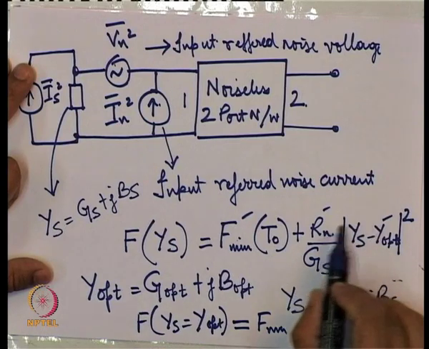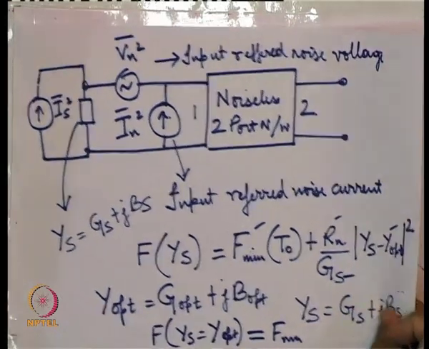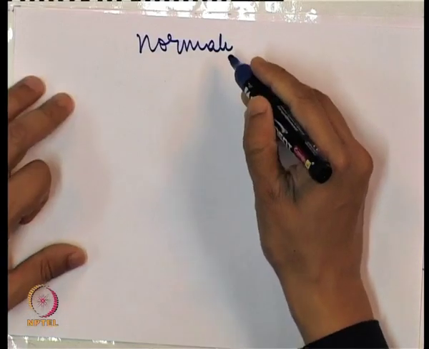Now, this equation can be rewritten in terms of the normalized values like this.